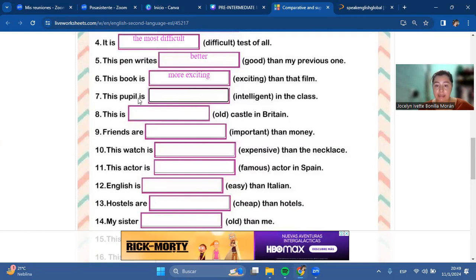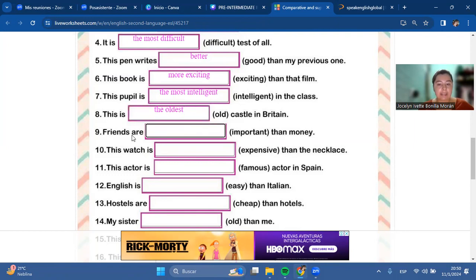This pupil is the most intelligent. Okay, good job. The most intelligent. What about number 8? This is the oldest castle in Britain. Is it a comparative or superlative? Think about that. The oldest castle in Britain.